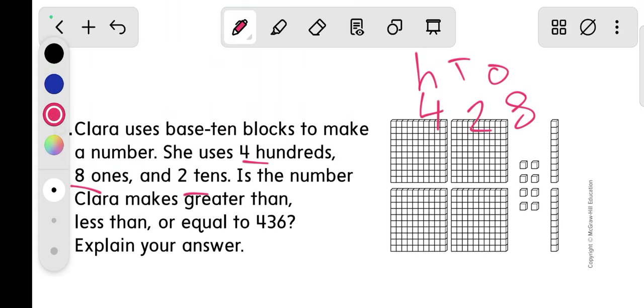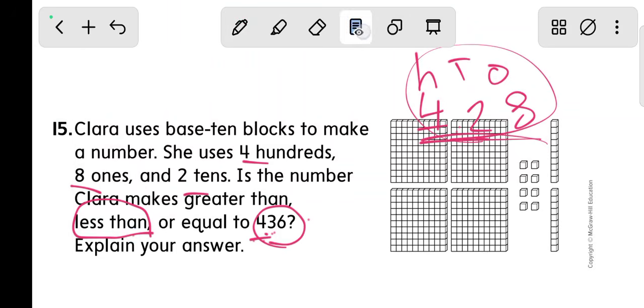So is this number greater than, less than, or equal to 436? 4 and 4, 2 and 3, 3 is more, so this number is less than 436, because this number is less than this number, so you have to choose less than.